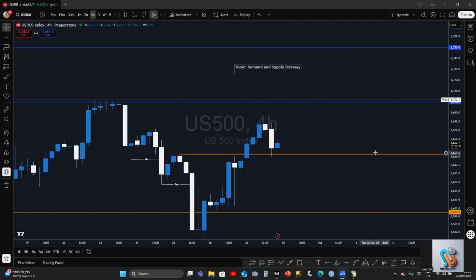If you try out support and resistance as a strategy, back test it, use your demo, and if it suits your lifestyle, stick to support and resistance, and leave SMC, Smart Money Concept, alone.